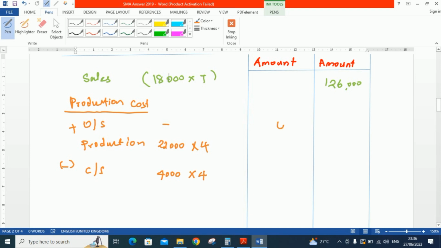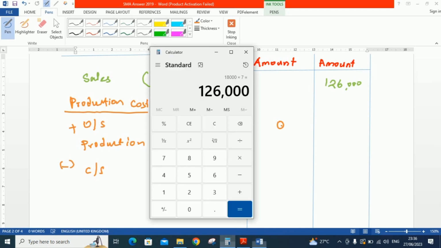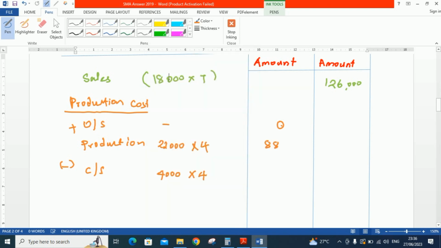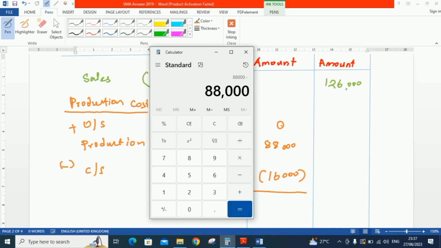Opening stock 0, and 22,000 into 4 is 88,000, minus 4,000 into 4, which is 16,000. So the total production cost is 88,000 minus 16,000, which is 72,000.